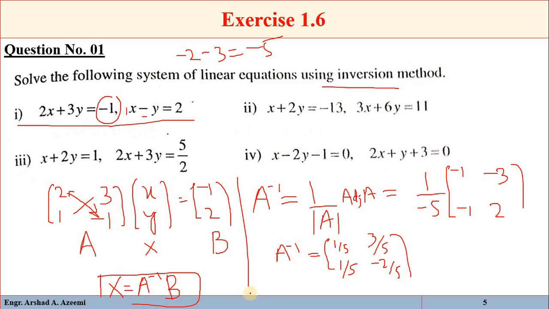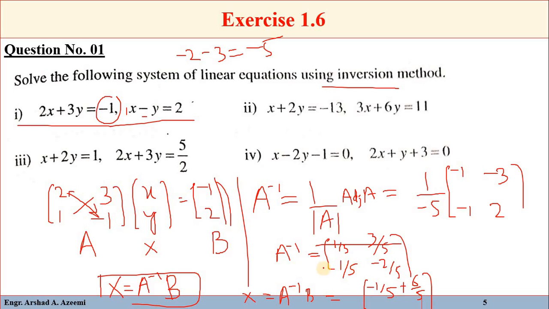Now we know that X is equal to A inverse multiplied by B. So multiply this matrix with matrix B. The first row with this column: 1 by 5 multiplied by -1 is -1 by 5, plus 3 by 5 multiplied by 2 is 6 divided by 5.